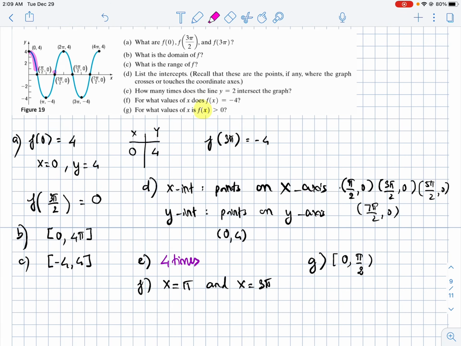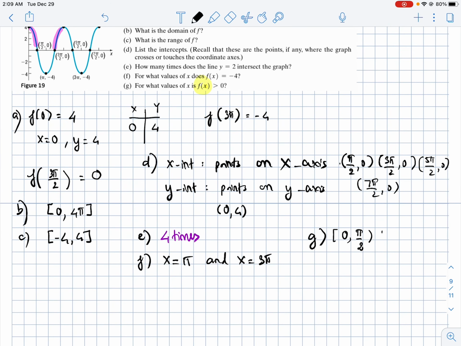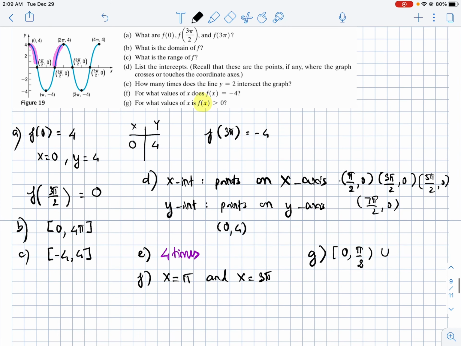Okay, so let's highlight one more time. So we just answered this piece. Now let's answer this piece. The x part of that piece is from 3 pi over 2 to 2 pi. 3 pi over 2 is on the x-axis, so we don't include it, and we include 2 pi. And then union.